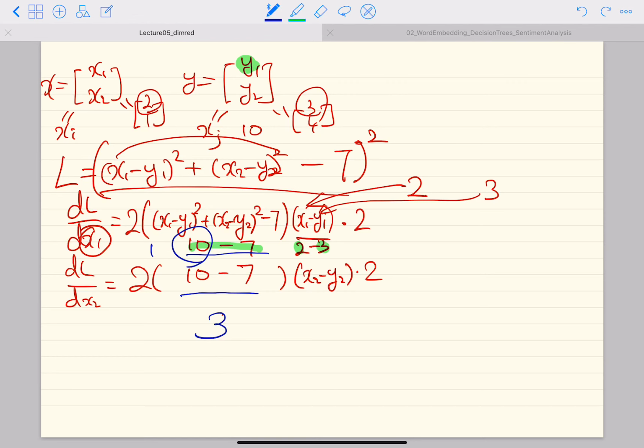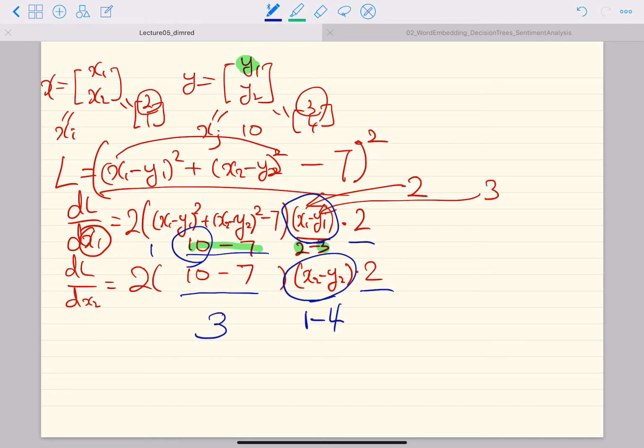And also we have 2 over here, and this is the gradient along the x direction, and this is the gradient along the y direction. So x2 is 1 and minus 4. So altogether it's positive and negative, right? And then we perform gradient descent.